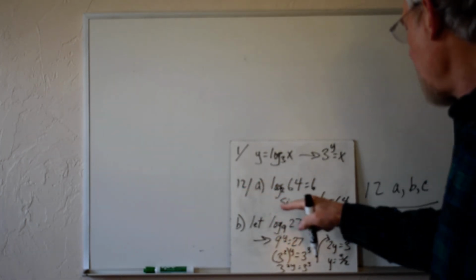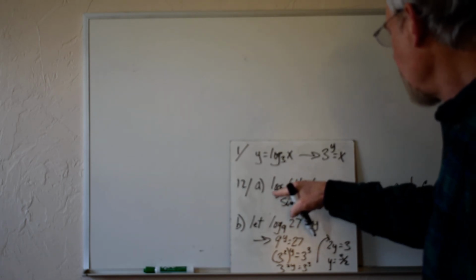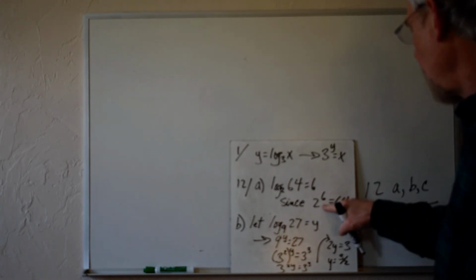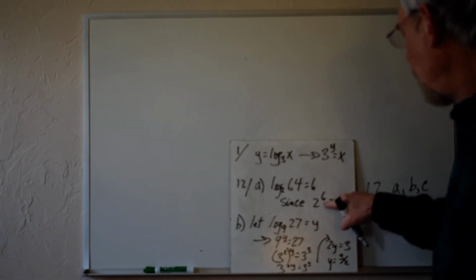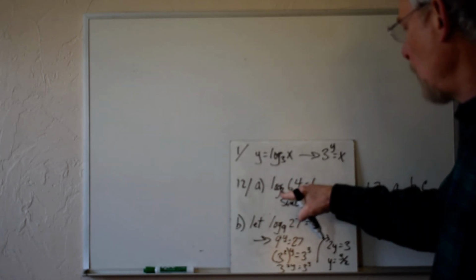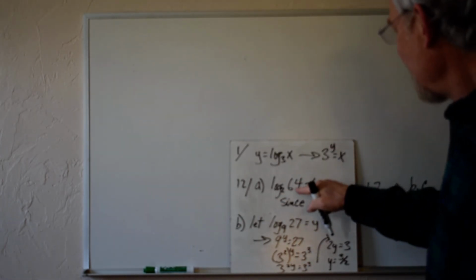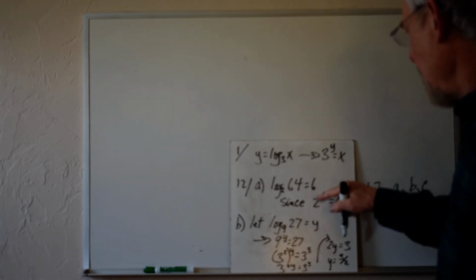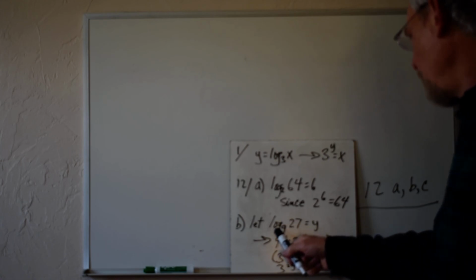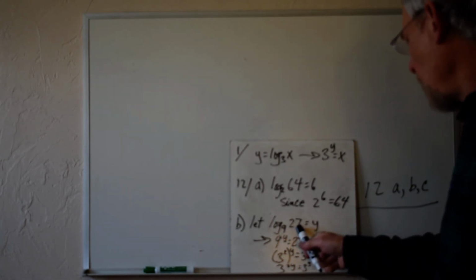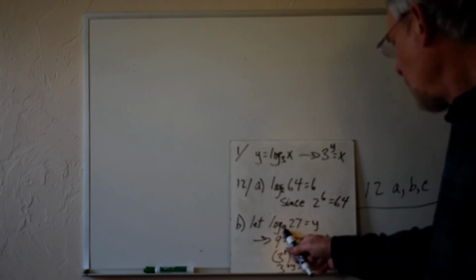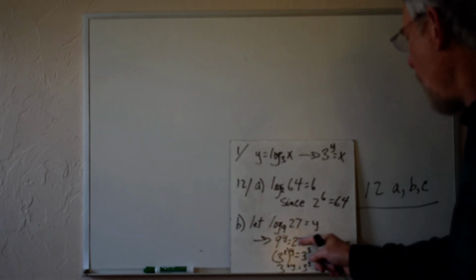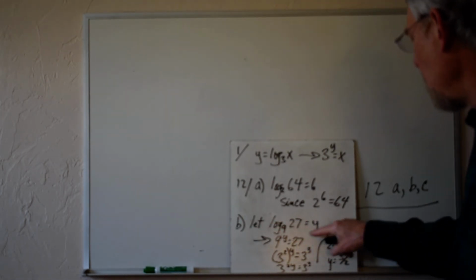In 12, part A, you're asked to find the log of 64 base 2. Well, since 2 to the 6th equals 64, 6 is that exponent that you need to raise to get 64. So this log is equal to 6. Then in part B, you're asked to evaluate the log of 27 base 9. So one way you can do a problem like this, and your book does it this way, is you can say, all right, let this number I'm looking for be equal to y.